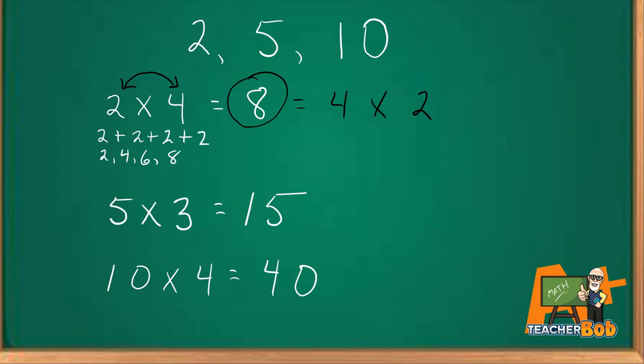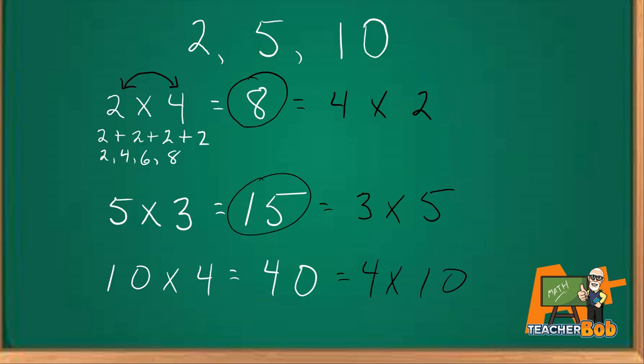If we have 5 times 3 by the commutative property, we can change these numbers around. 5 times 3 is equal to 3 times 5 also, and both ways of stating this give you the same product. 10 times 4 is equal to 40, which is also equal to 4 times 10. All right, the commutative property, why is it such an important property in multiplication?